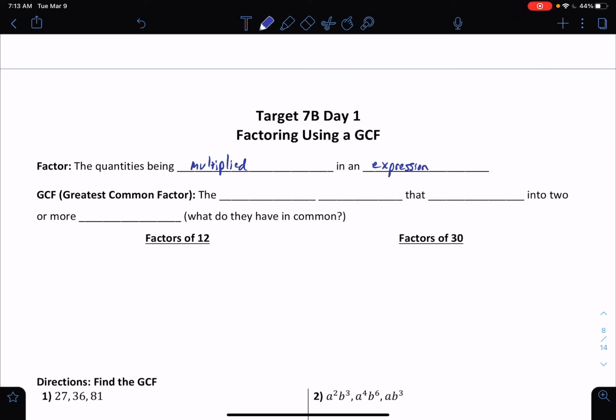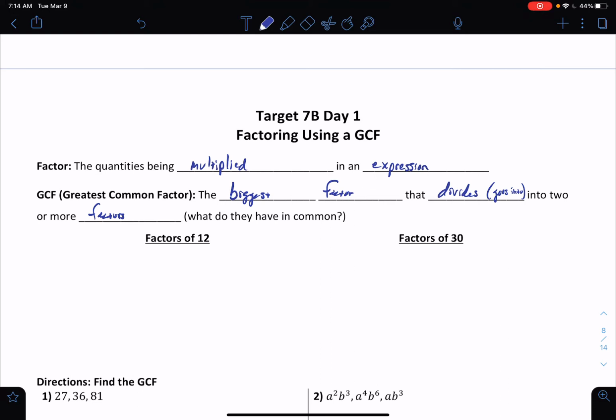So the greatest common factor is the biggest factor that divides or goes into two or more factors. So you're basically looking at what do they have in common. If I'm listing some items, the greatest common factor is going to be what they have in common.